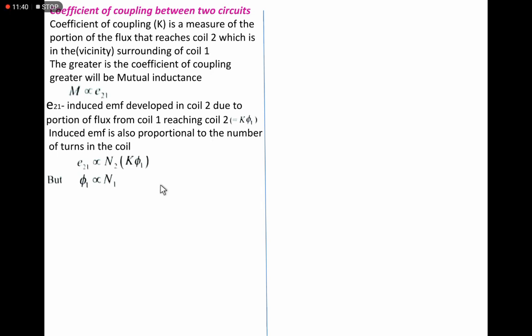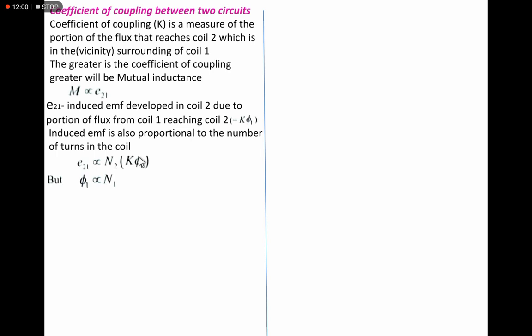Now what number of turns are there in the primary? The flux linked in the primary is related to the number of turns in the primary. Therefore flux in the primary, or in coil 1, is phi 1, and it is in direct proportion to N1.